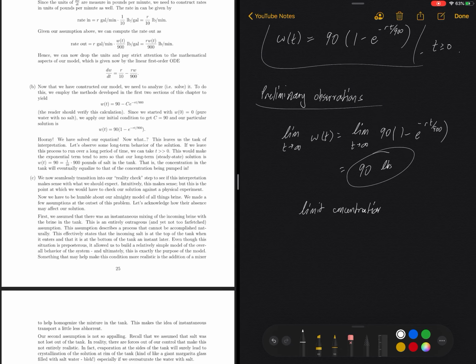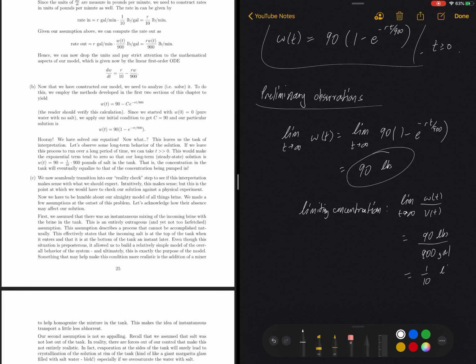So notice that's not the concentration in the tank, not the limiting concentration. The limiting concentration, which is probably something that we want to monitor as control engineers, is the limit as t goes to infinity of how much salt is in the tank divided by the volume.